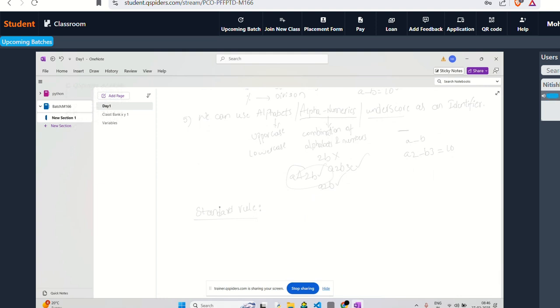But as it is an industry standard rule, we need to follow it. What is that rule? As a variable name, as an identifier, we have to use only up to 72 characters.